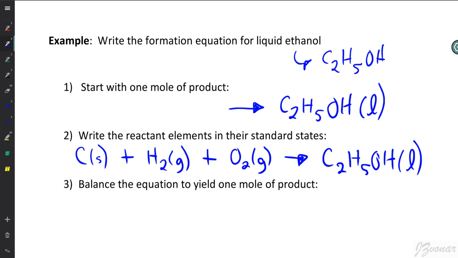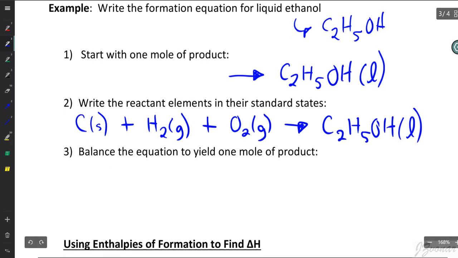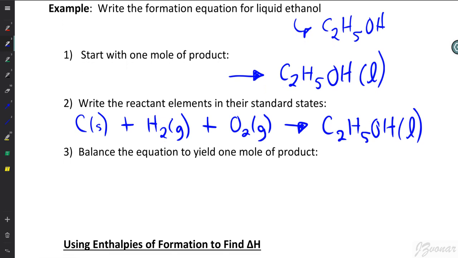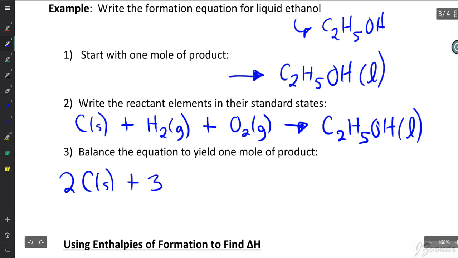Okay, lastly, we need to balance it to ensure that we have 1 mole of this product. So this is where quite often you're going to have fractions as coefficients, which is okay in thermochemical equations. All right, so when we look, we've got 2 carbons, so I put a coefficient of 2 in front of carbon. For hydrogen, I've got a total of 6 hydrogens. 5 plus 1 is 6, so I need to include a coefficient of 3.